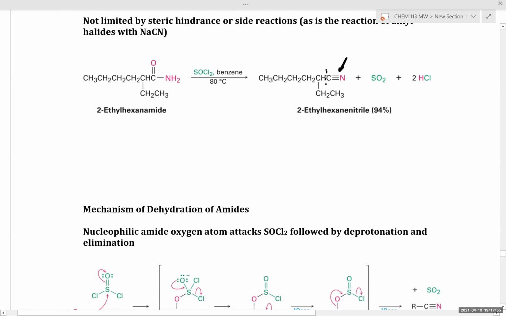Now, it's important to note, and this is really important to help guide our discussion for the reactivity of amides, that amides are more nucleophilic at oxygen compared to nitrogen.